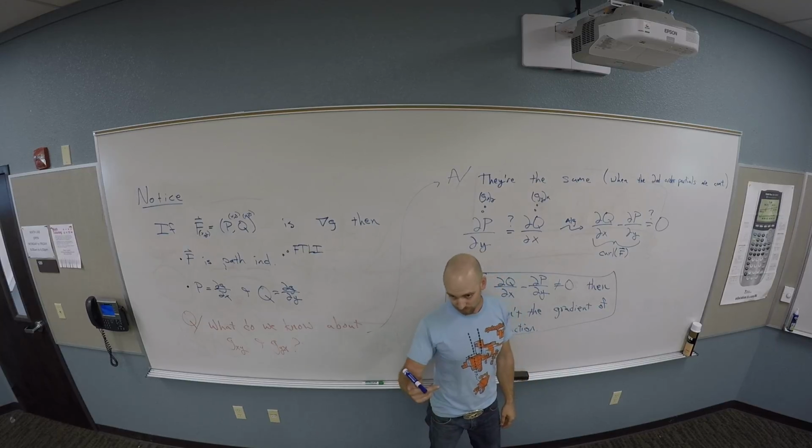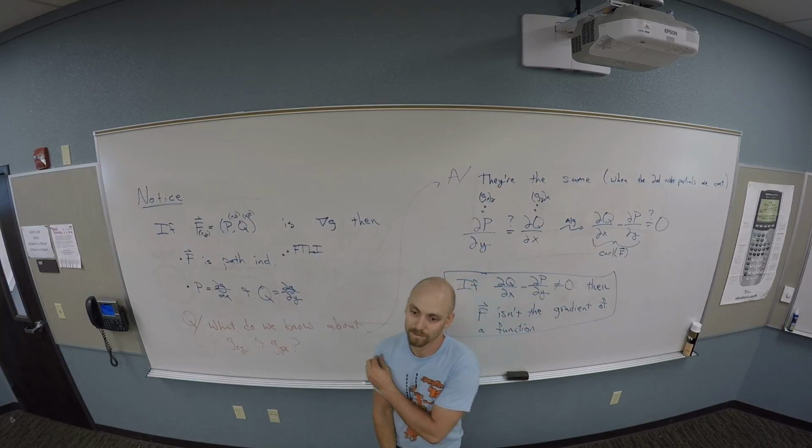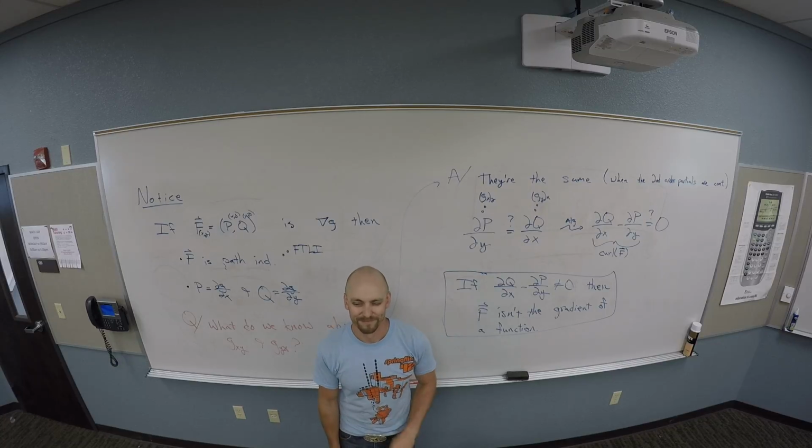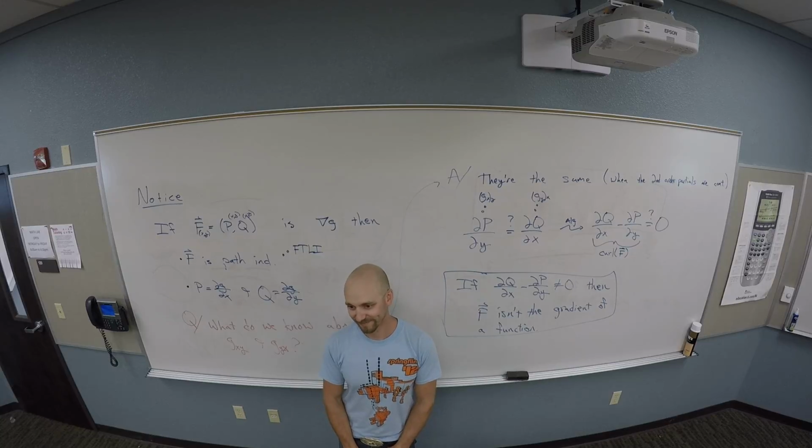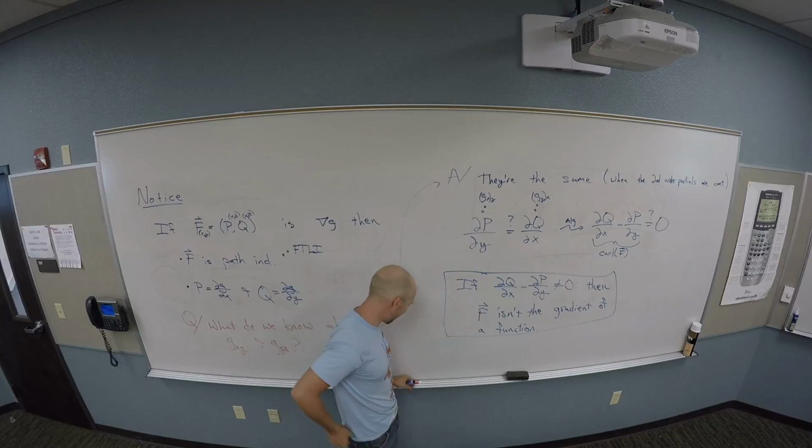So if it does equal 0, then it still might not be the function that we're looking for? It actually is, but this doesn't demonstrate that. Maybe I should add that in here in a different color.